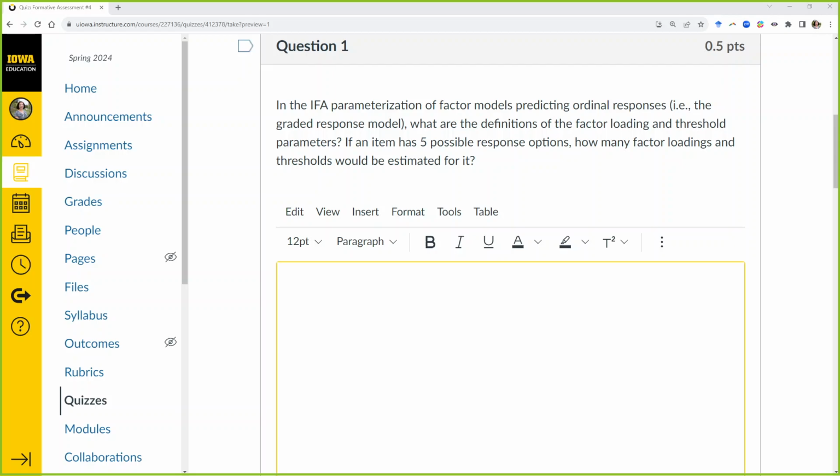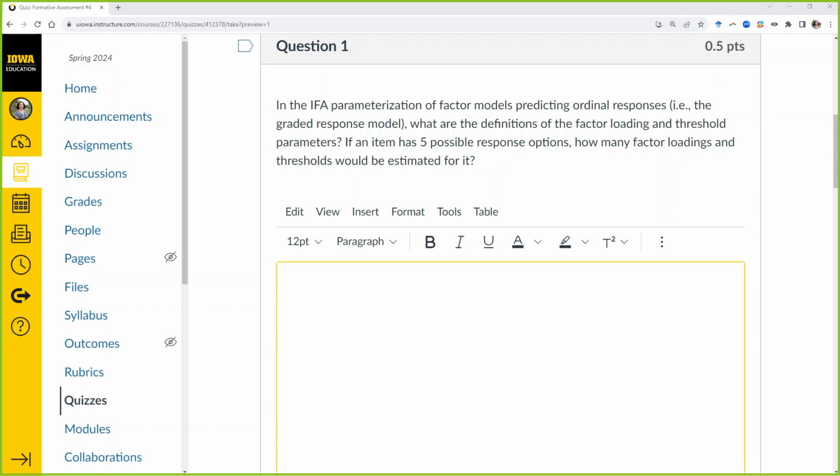Oh, yes. So one responder said that there are 4 thresholds, which I'm seeing consistency in the chat here, right? Because we're taking the number of response options minus 1, and then we have 1 factor loading representing all of those response options. So what we saw a lot in the solutions was that peers were saying there were 5 factor loadings with 4 thresholds. Is that correct? More than one factor loading, I think, is more the generalization there when we have a situation of 5 response options.